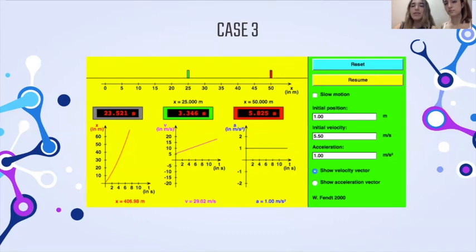As time passes, it gradually increases the velocity from 5.50 meters per second. That's why we can see on the velocity time graph that in 3.35 seconds, it ended at a velocity of 29.02 meters per second due to the acceleration.